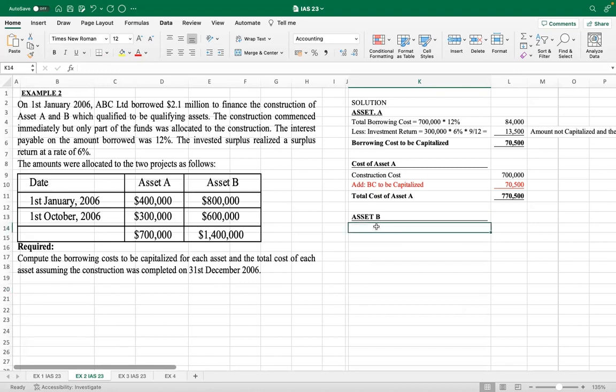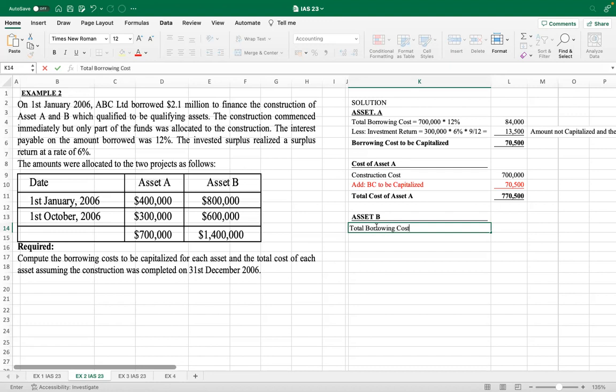Total amount of borrowing costs. Total, can you type for me in the chat, please? We can just all chat. I'll just pick the responses randomly. Total borrowing cost, type for me as I write.